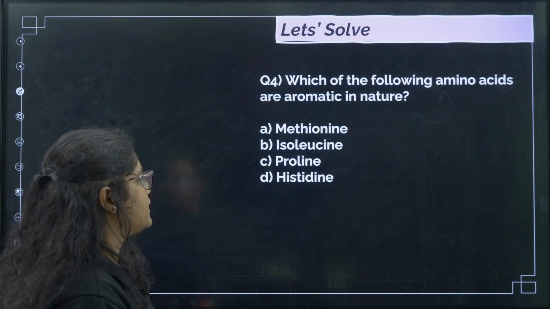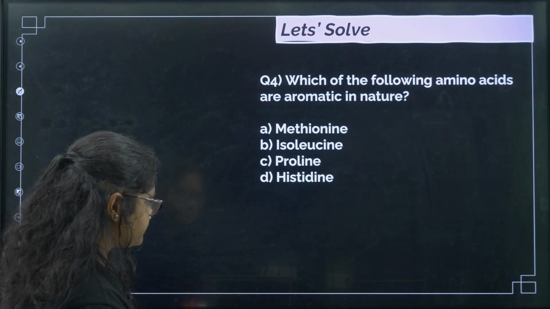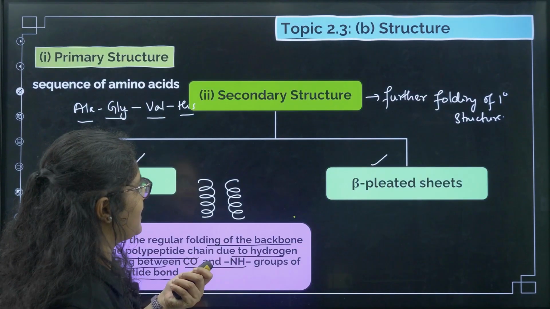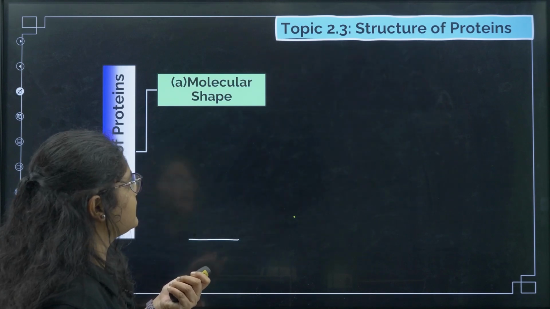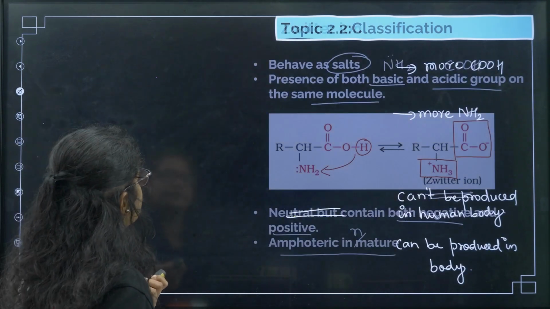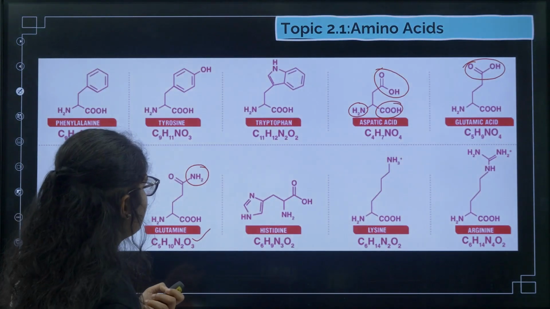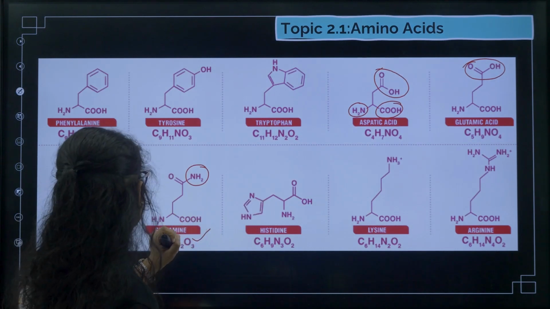Next, which of the following amino acids is aromatic in nature? Let us go back and see the structures of these amino acids, if you can recall them. Only certain amino acid structures you need to remember. Histidine is aromatic.